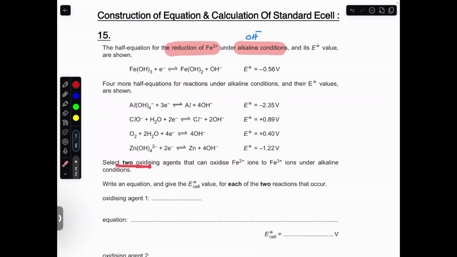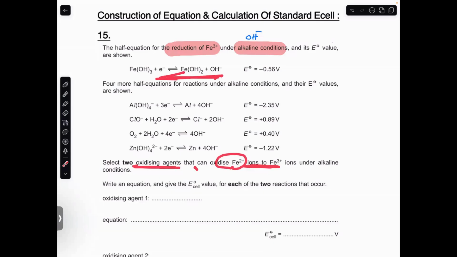Select 2 oxidizing agents that can oxidize iron 2 to iron 3 under alkaline conditions. Look, what are they saying? Select 2 oxidizing agents to oxidize iron 2 to iron 3. Like we want to run this reaction backwards. We want to oxidize this. If you want to run iron 2 to become iron 3, you want to move this equation this way.